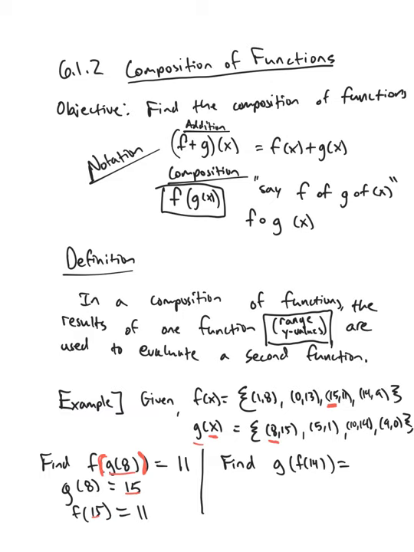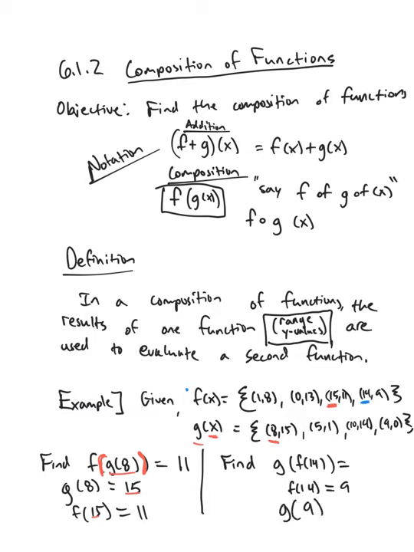First thing we need to do, we need to find out what is f of 14. Looking at the f function, the top function here, f of 14 is 9. Okay, so now we're going to find g of 9.